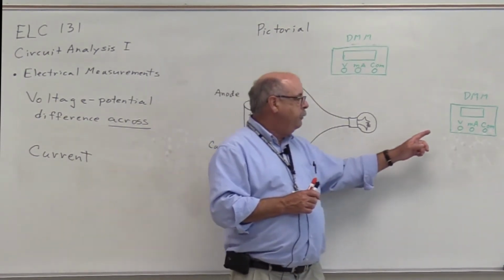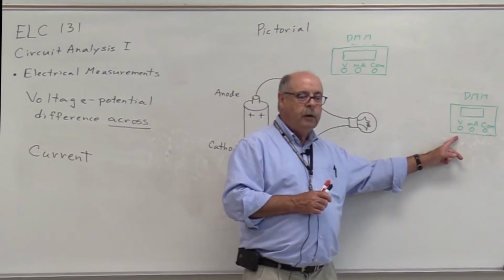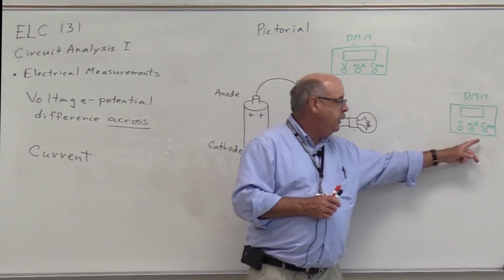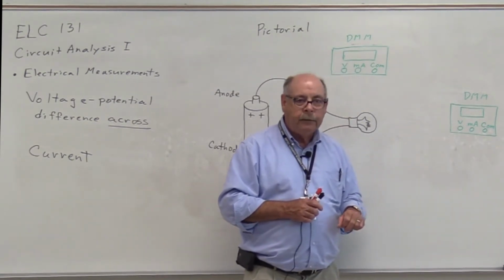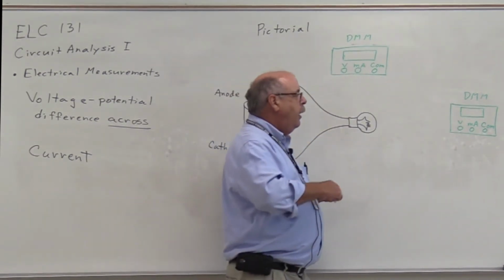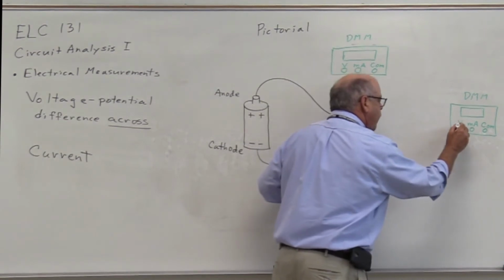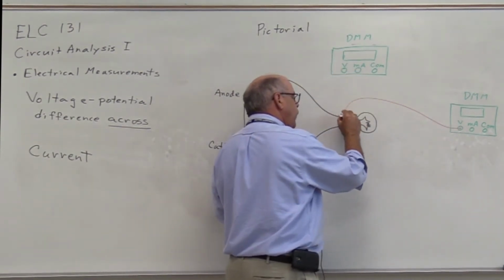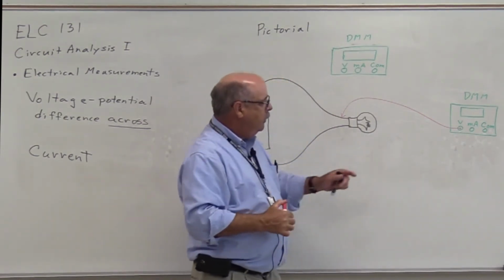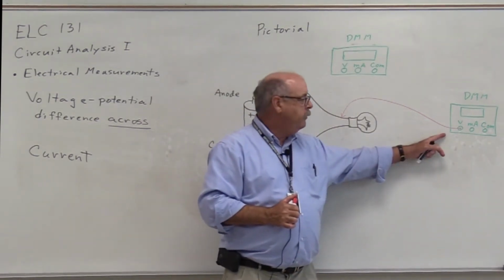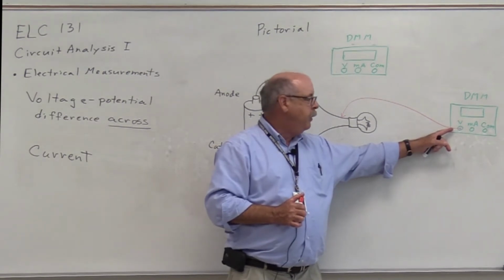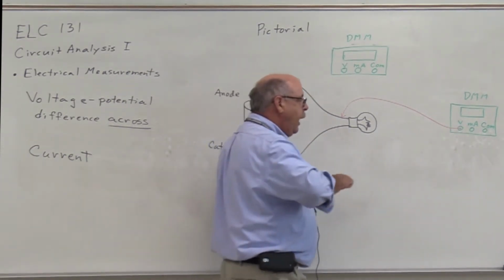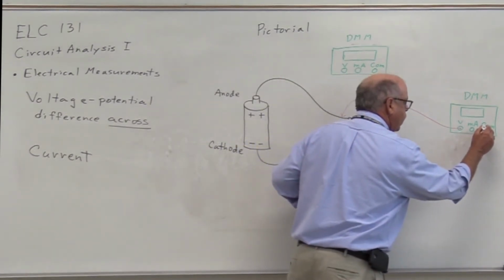we have three inputs. One's marked voltage, one's marked milliamps, and the third is marked common. Now, by convention, we always connect the red lead of the metering device into either the voltage input or the milliamp input, and the black meter lead into common.